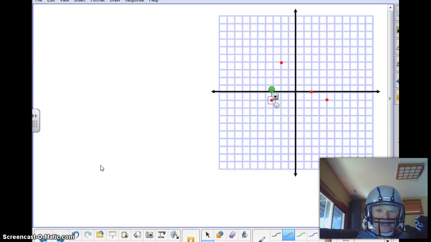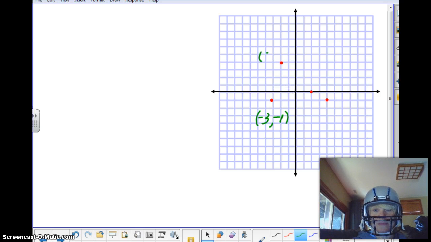All right, so let's look at this right here. We've got several coordinates. So let's see, if we look at this coordinate here, it goes over -3 and down 1, so -1. This coordinate here goes over -2 and up 4.